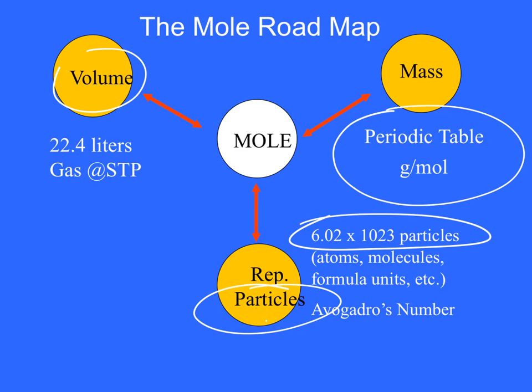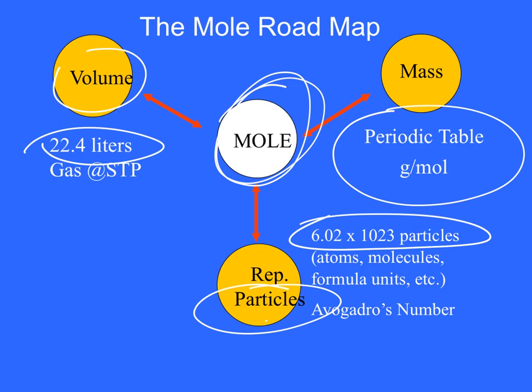Anything involving volume, you're going to use 22.4 liters. All of those conversions are equal to 1 mole. In other words, 1 mole equals so many grams. 1 mole equals 6.02 times 10 to the 23rd particles. 1 mole equals 22.4 liters.